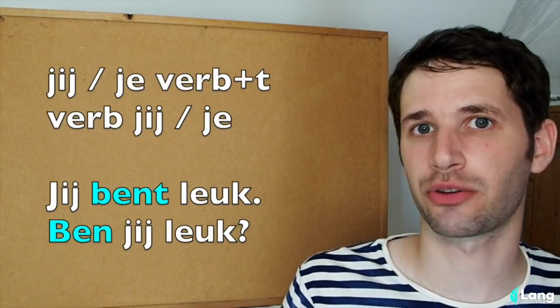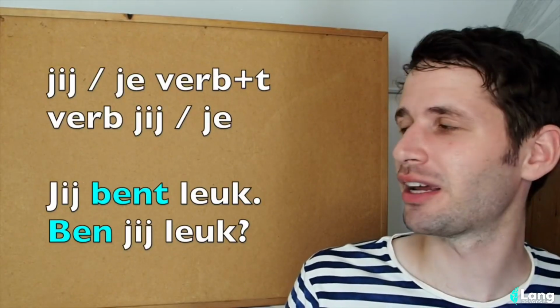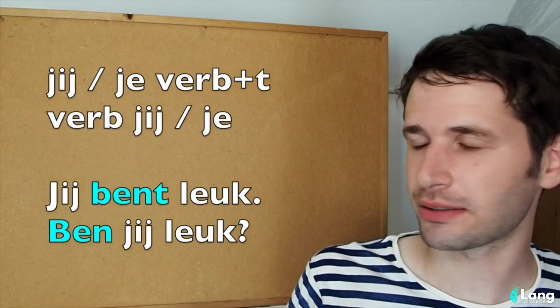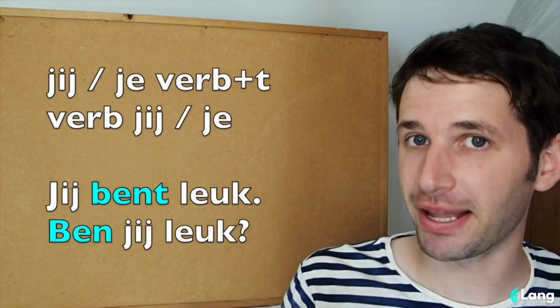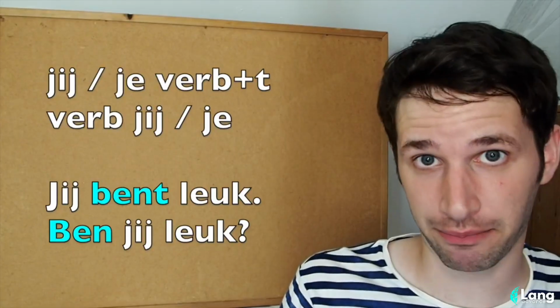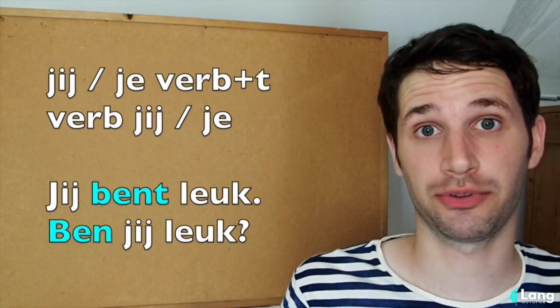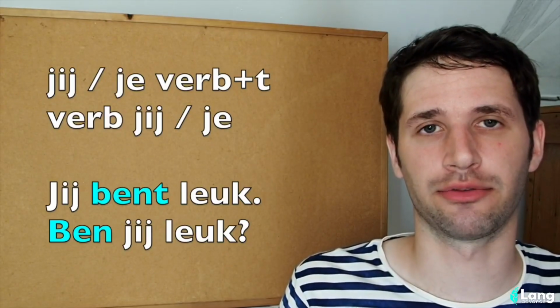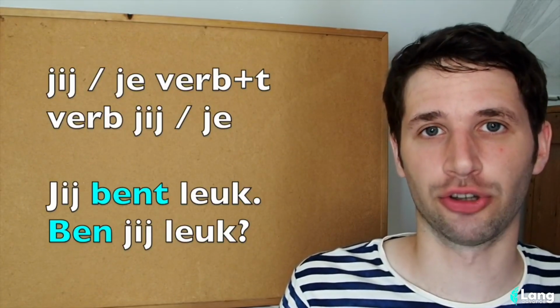Are you funny? That's a question. I hope you are funny. But remember about the funny thing, that's not funny at all. Jij bent and ben jij. That goes so for all the verbs, so there you already have a rule for conjugating the verbs in the jij, je form.